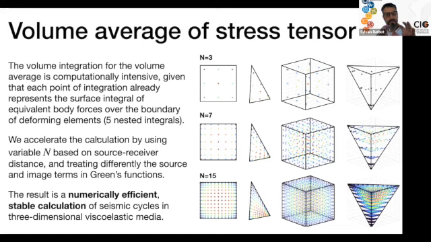We choose the number of points based on the source receiver distance, and we treat the Green's functions very specifically for the real source term and the image. And eventually we can get calculations conducted in an acceptable time. So this leads to numerically efficient, stable calculation of the seismic cycle in 3-dimensional viscoelastic media.